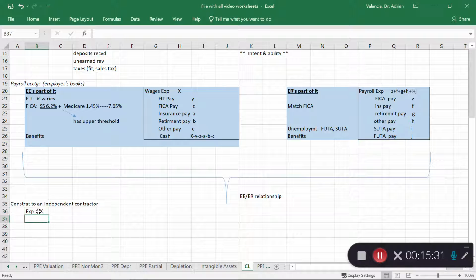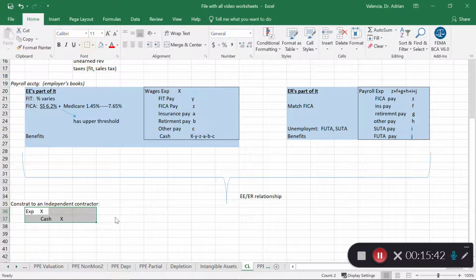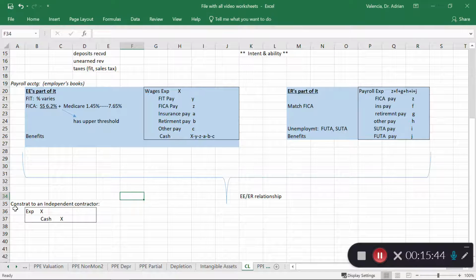Let's call it X here, the same amount X, and they would simply credit cash. So to treat somebody as an independent contractor, it's very much simplified. It's a very easy accounting, right?